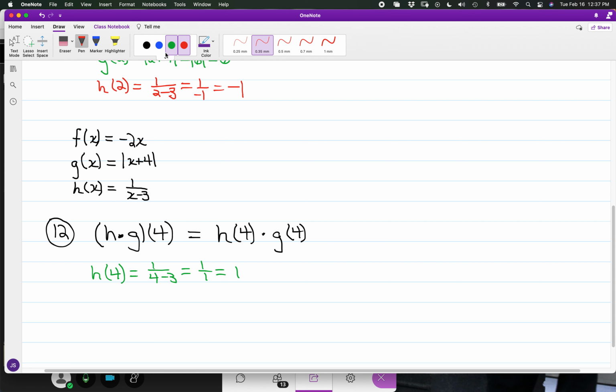And for what we have in the case of g of 4, you had the absolute value of 4 plus 4, and so we had the absolute value of 8, and that goes to 8. And so for the result here, you have h of 4, which is going to be 1, and you have times g of 4, so g of 4 we have at 8, and 1 times 8 is equal to 8.